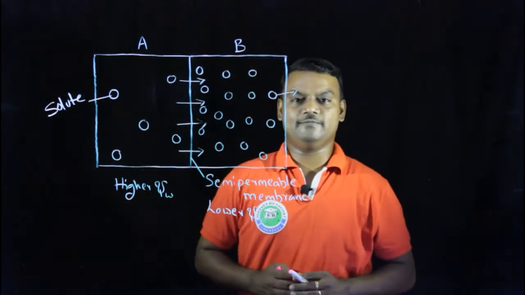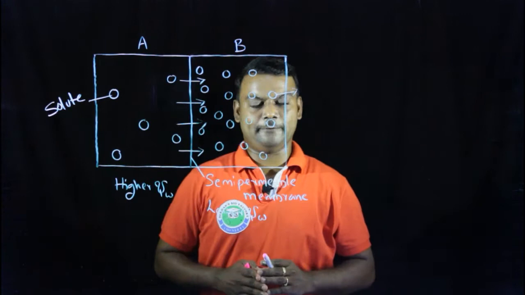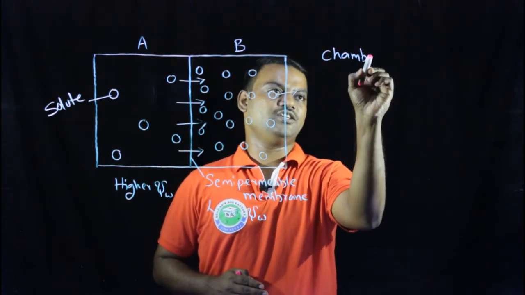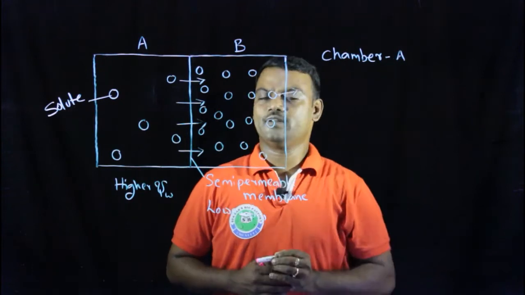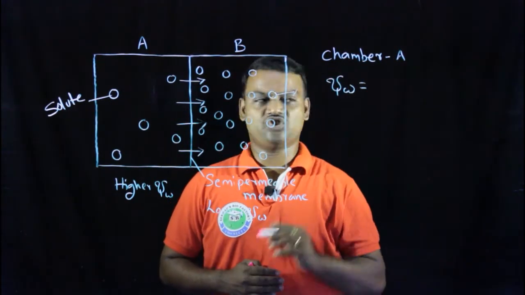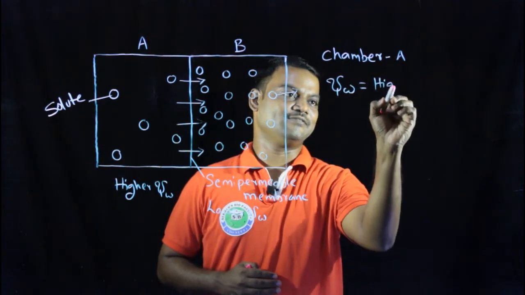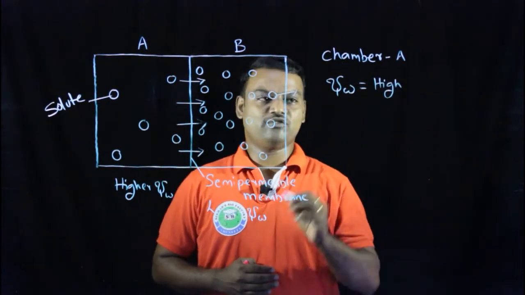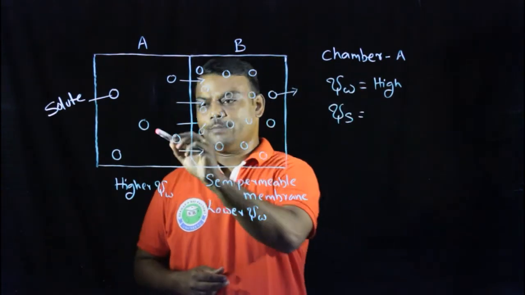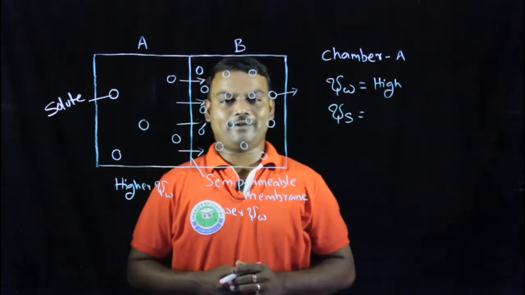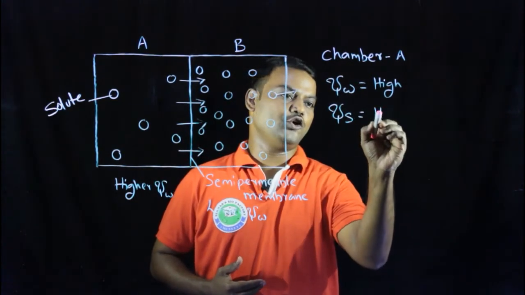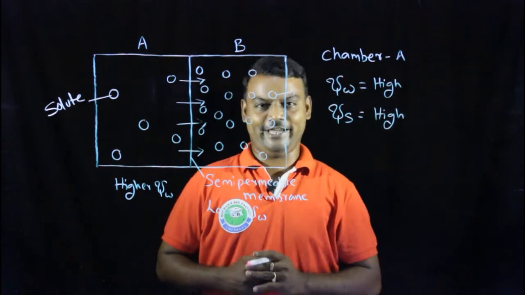So in such condition, when you take chamber A, the water potential is high, and when you take solute potential, because of fewer solute particles, their potential is increased, so the solute potential is also high.